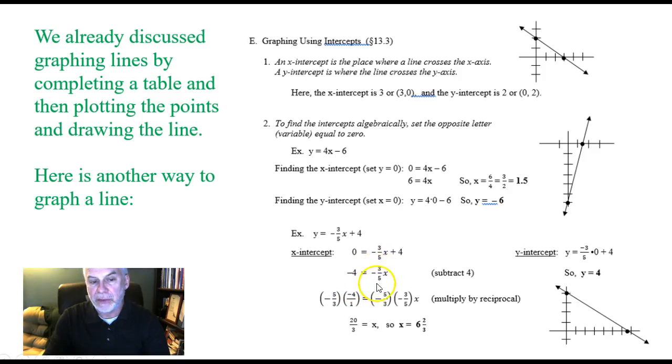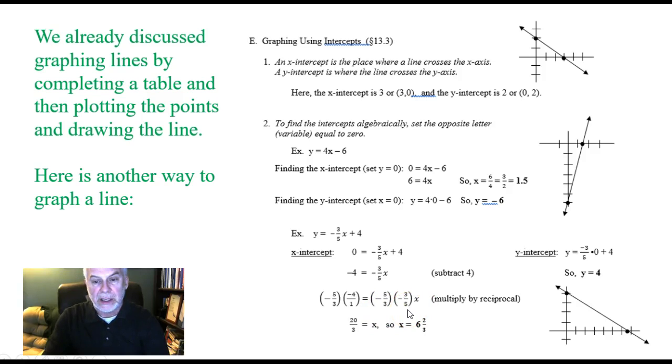Now, to get rid of this fraction, I would recommend that you multiply by the reciprocal on both sides. So just flip over the fraction, so the reciprocal of negative 3/5 would be negative 5 over 3. That's all you do, just flip it over. And so I've got negative 5 over 3 multiplied on the left side, and negative 5 over 3 multiplied on the right side.